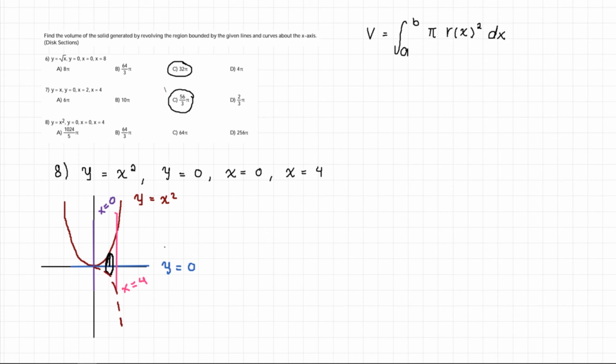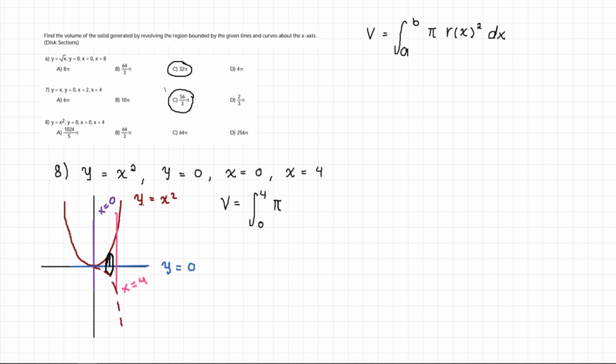So now that we have all our components, remember our bounds are going to be from 0 to 4, and our function is already in terms of x, and we're revolving over the x-axis, so just plug in. So it's gonna be the integral from 0 to 4 of pi that multiplies the radius squared.